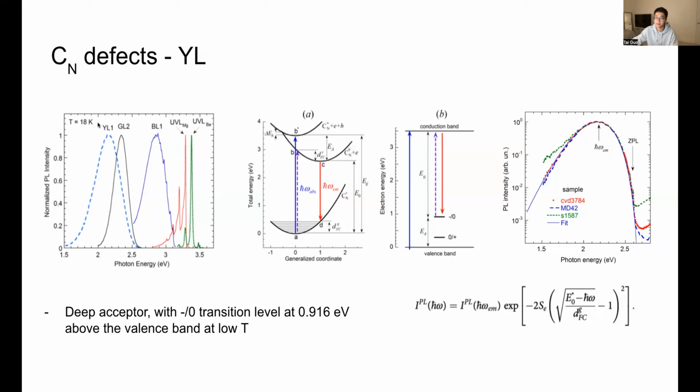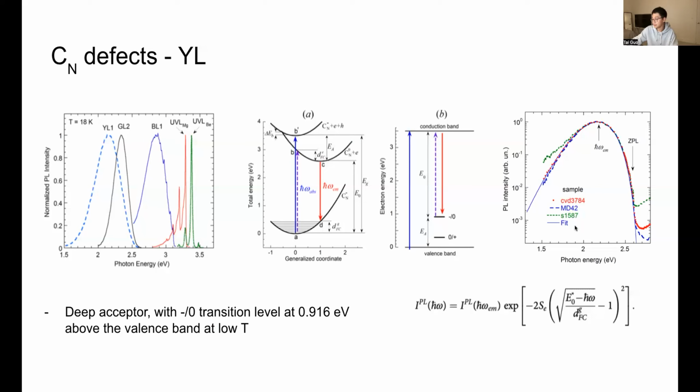So if you see something that looks like a yellow band in your spectrum for gallium nitride, it's probably because of carbon defects in the system. After that, people developed this formula to estimate the yellow band shape.